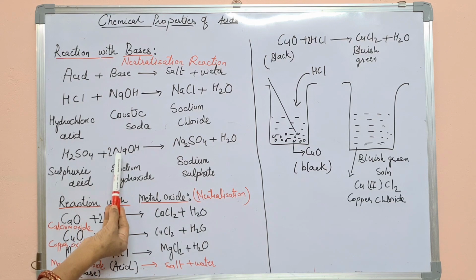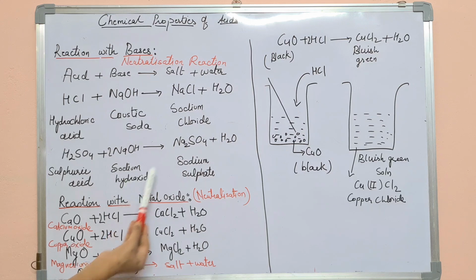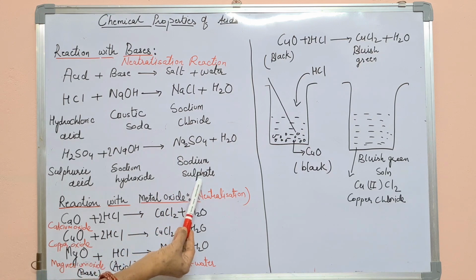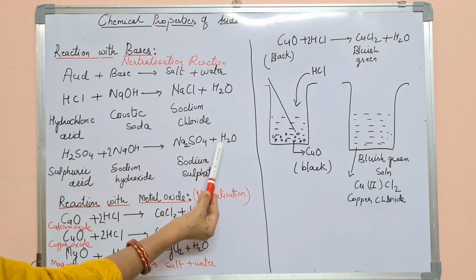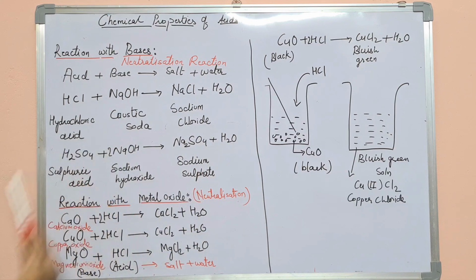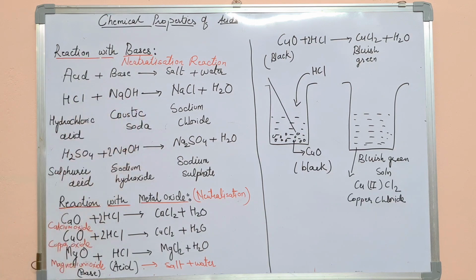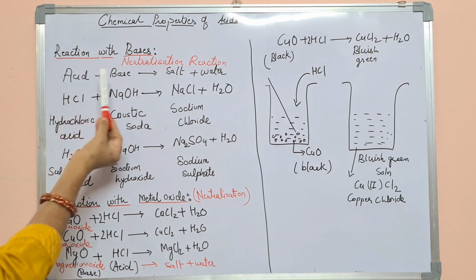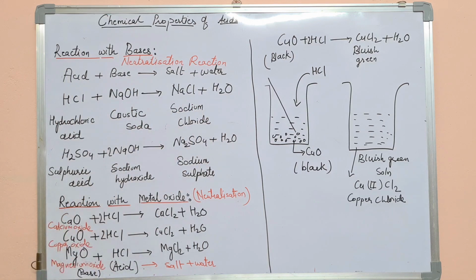H2SO4 reacts with sodium hydroxide or caustic soda to form sodium sulfate, Na2SO4, plus water. So you have to balance the reaction. So these are the examples of neutralization reaction in which acid reacts with base to form salt and water.